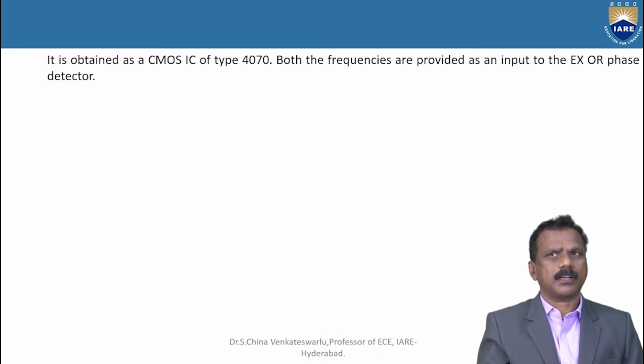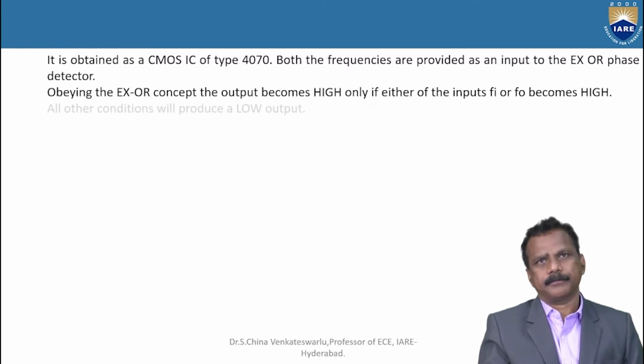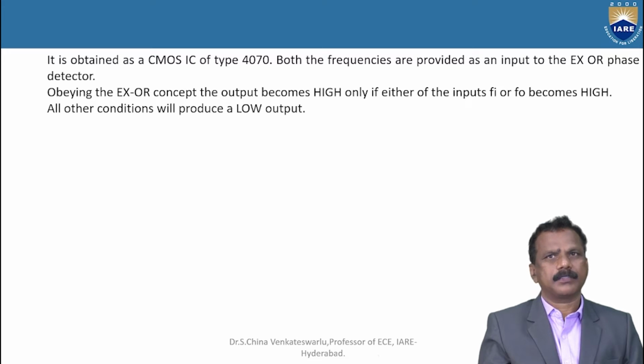Both the frequencies are provided as input to the exclusive OR phase detector. Obeying the exclusive OR concept, the output becomes high only if either of the inputs Fi or F0 becomes high. All other conditions will produce a low output.